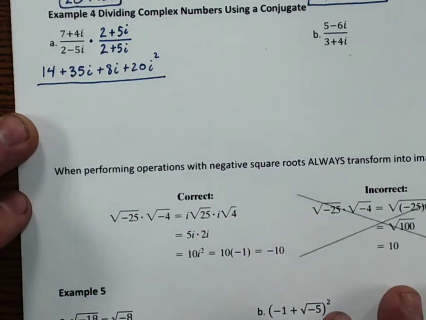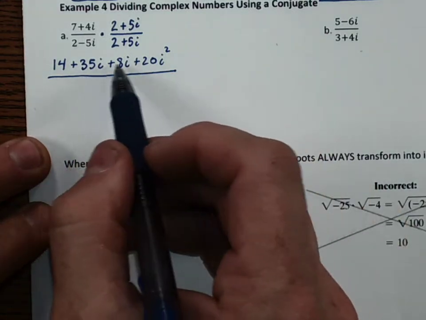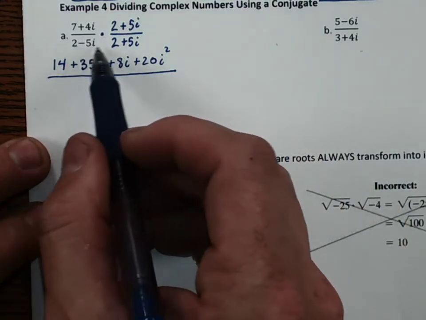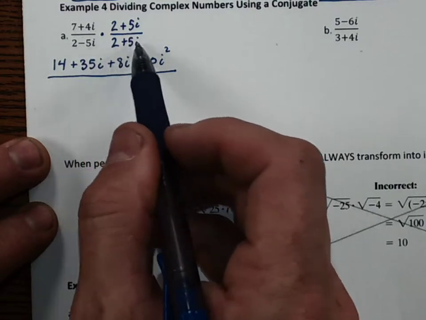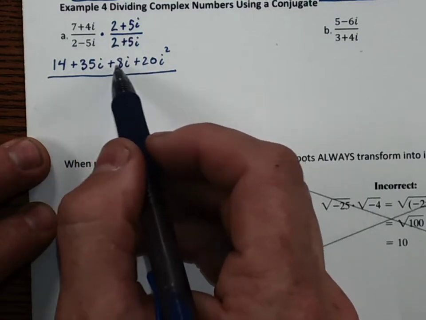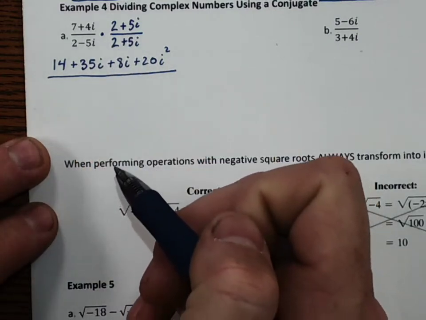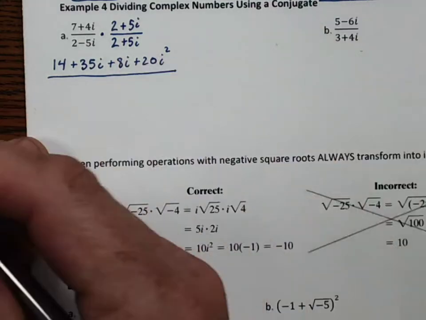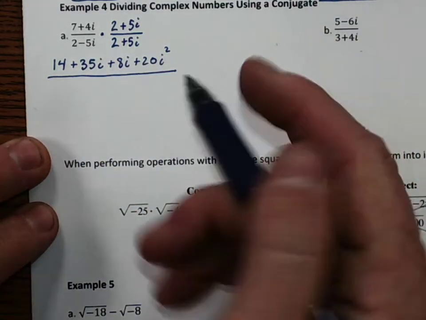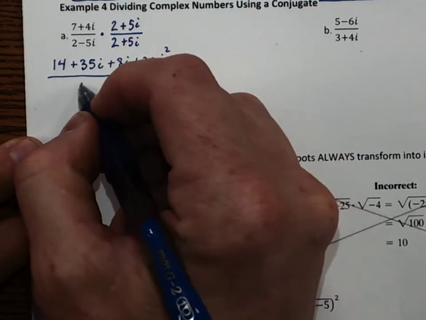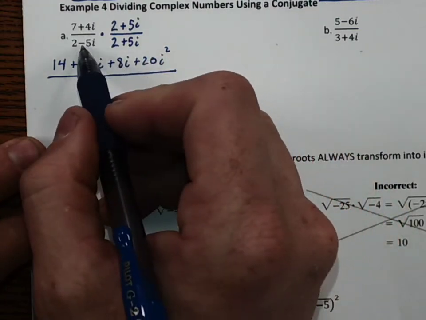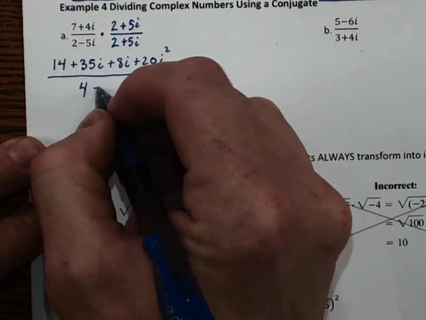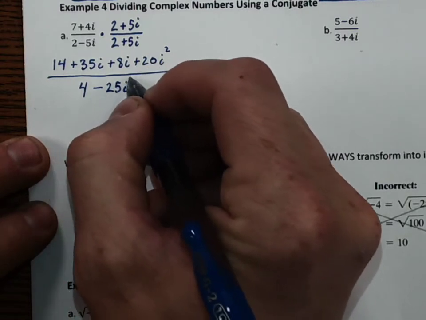Now the power of the conjugate is the middle two terms here. If I do the bottom, if I take 2 minus 5i times 2 plus 5i, these two middle things are going to add to 0. One of them is going to be positive 10i, one's going to be minus 10i, and they're going to go away. So 2 times 2 is 4. And then all I got to do is take negative 5i times 5i, which is negative 25i squared.